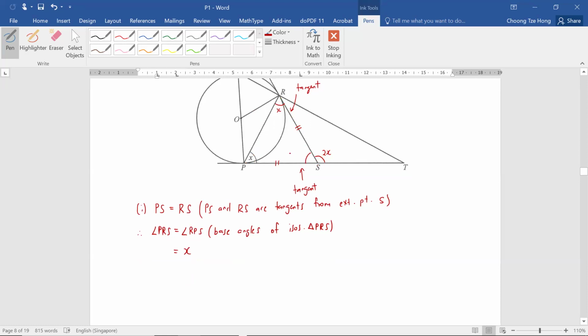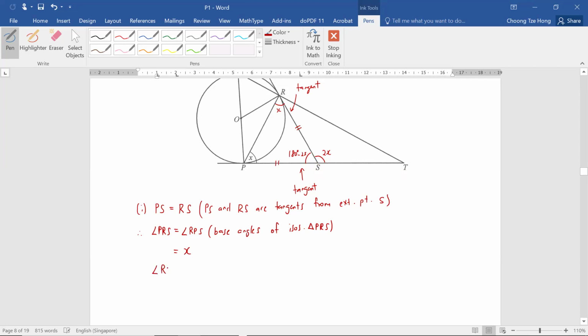This angle will be 180 minus x minus x, so it will be 180 minus 2x. Then 180 minus (180 minus 2x) will give you 2x. If you forget the exterior angle property, you can use this longer method, but we are going to use the exterior angle of a triangle property.